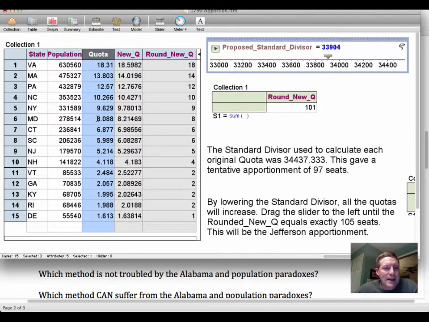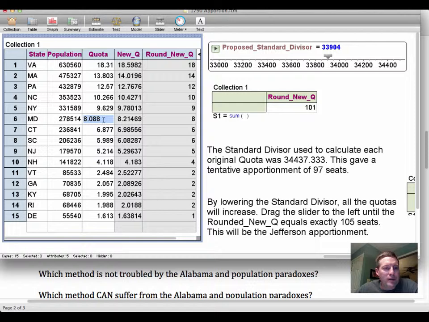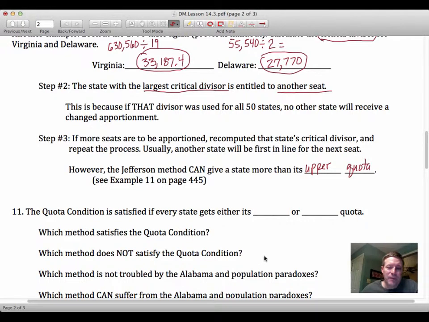Maryland earned 8.088 by just using the critical divisor, so they're either going to get 8 seats or they might get 9 seats. But here's the crazy thing. Using Jefferson's method, it's possible that Maryland could actually earn 2 extra seats. In other words, Maryland could get 10, possibly. It is possible sometimes for states to earn more than just the rounded up. They might earn 2 more than they currently would have earned. So that would be one of the downsides of the Jefferson method.